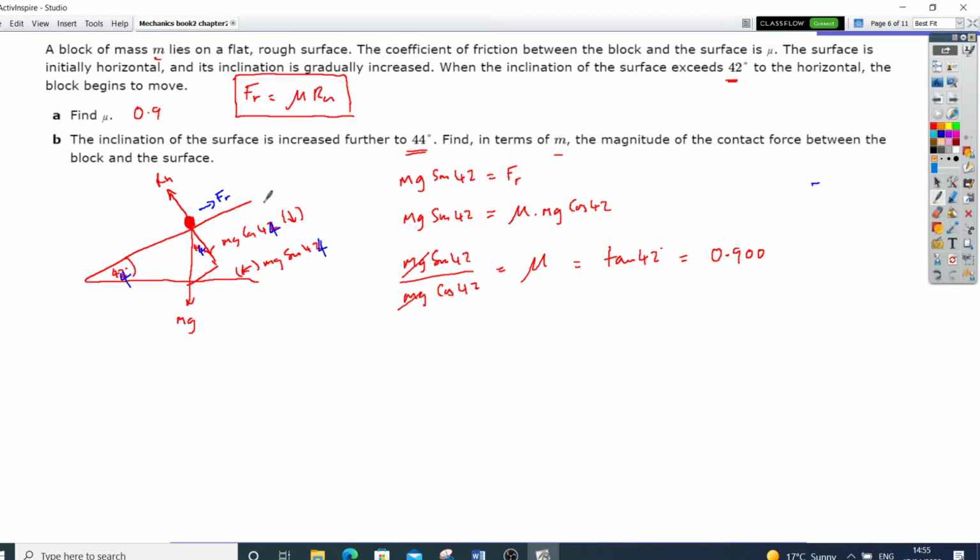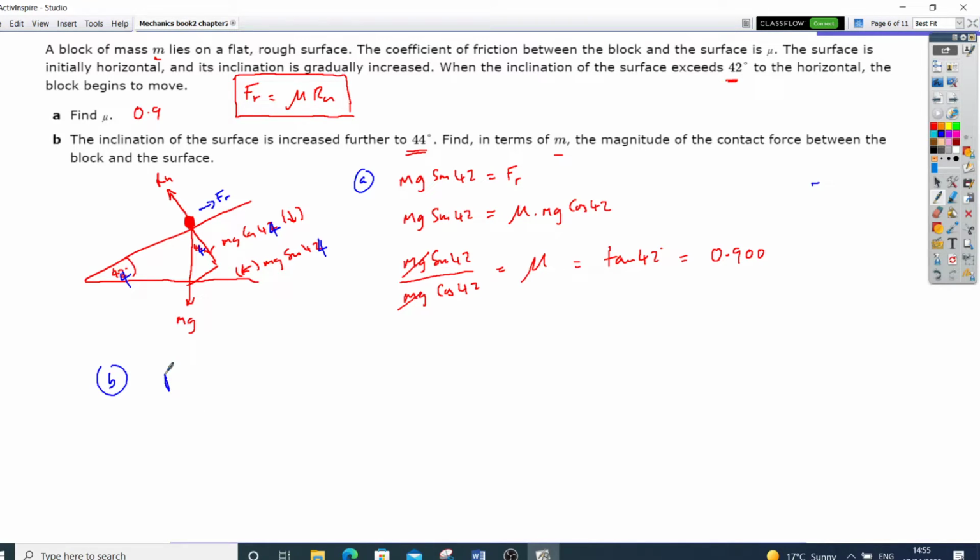Okay, so now that was part A. Part B: R, the magnitude of the contact force. First of all, let's see what the friction is coming to.